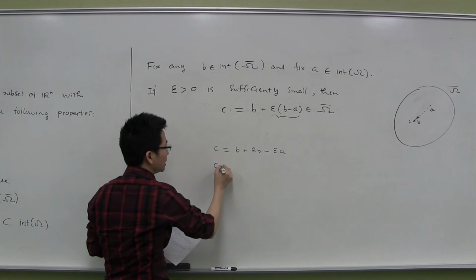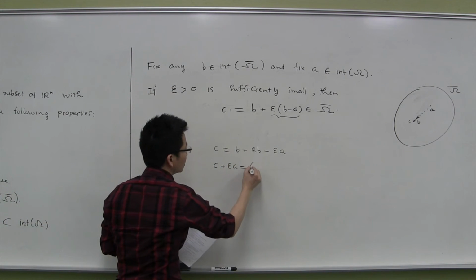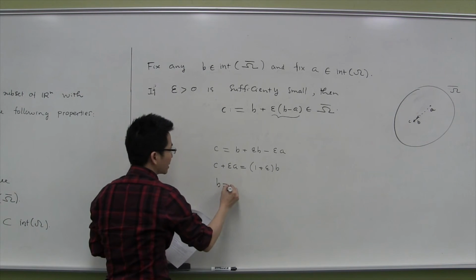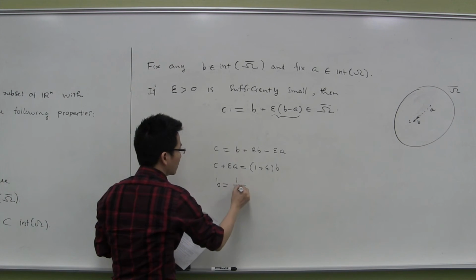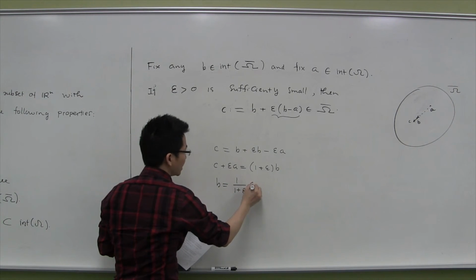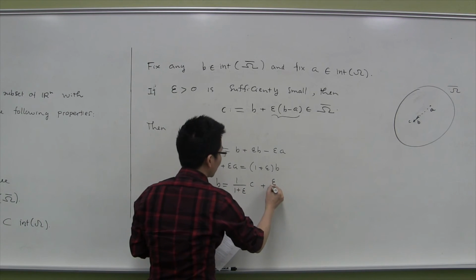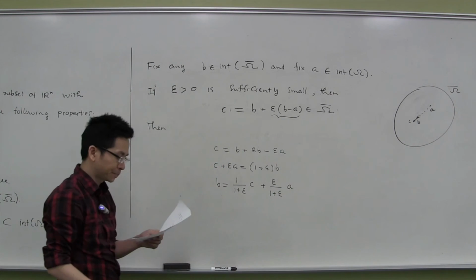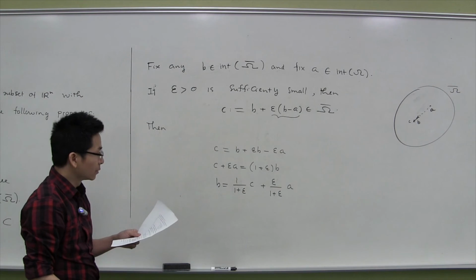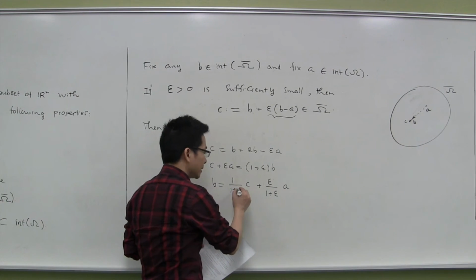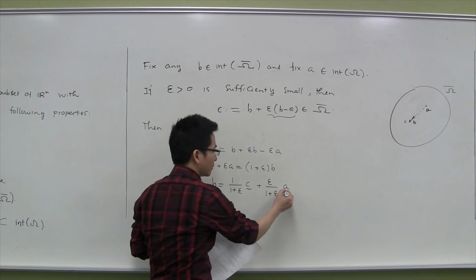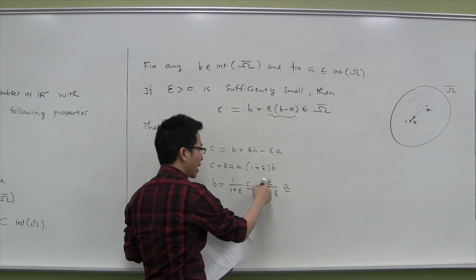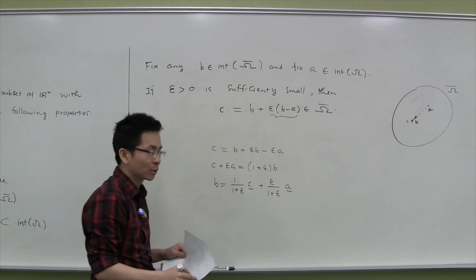Then we have C plus epsilon A is equal to (1 plus epsilon) times B. Therefore, B can be written as 1 over (1 plus epsilon) times C plus epsilon over (1 plus epsilon) times A. So this is just a convex combination of A and C, because the sum of 1 over (1 plus epsilon) and epsilon over (1 plus epsilon) is 1.